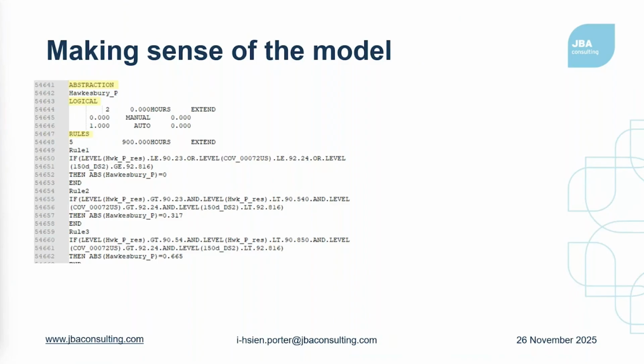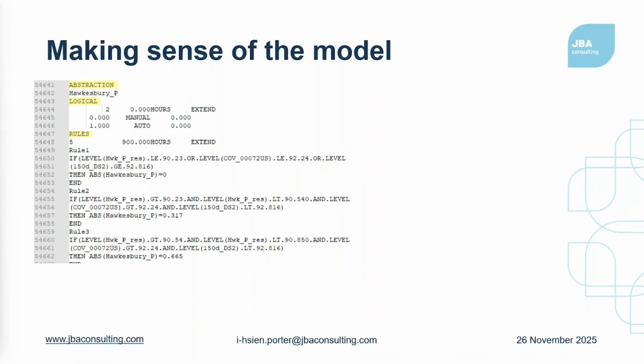I had to do all of my model edits in a text editor. But as painful as that was at the time, it was actually a really good way to understand the structure of the files and how the software interacts with them. And so I can very quickly recognize that this is an abstraction unit called Hawkesbury P. It's got a set of logical rules associated with it, and there are the rules listed underneath.